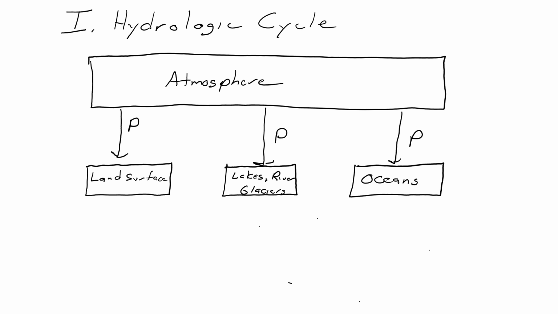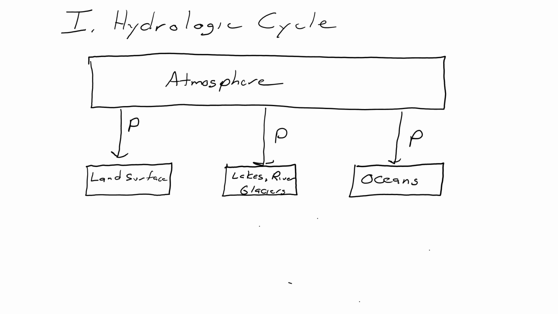Okay, now with this start of a cycle, let's think about land. It's what you have the most familiarity with. A raindrop lands on the land surface. What can it do?